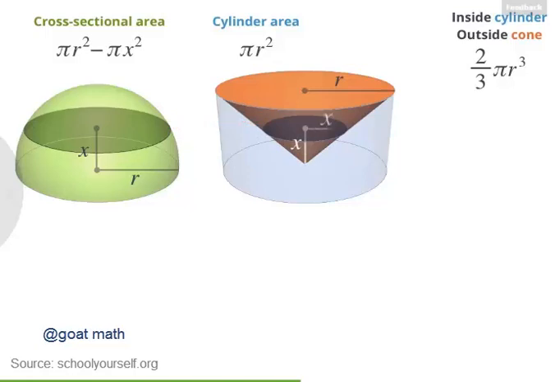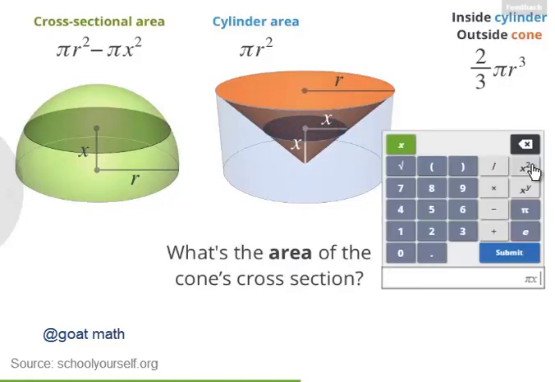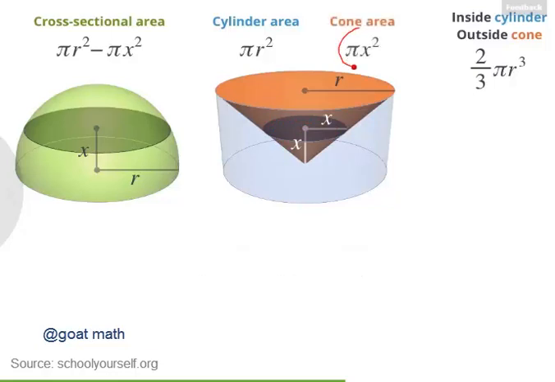And notice that the radius of the cone's circular cross-section has the same length x. So in terms of x, what's the area of the cone's circular cross-section? Nicely done. The cross-section of the cone, a height x above the base of the cylinder, has an area of pi x squared. Now we're almost there.